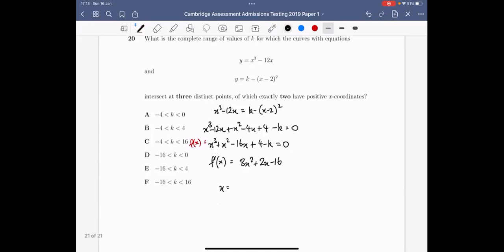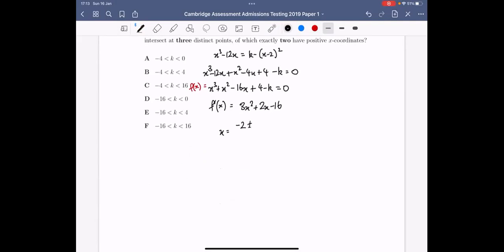Then by the quadratic formula, minus 2 plus or minus the square root of 4 minus 4 times 3 times minus 16, over 6.